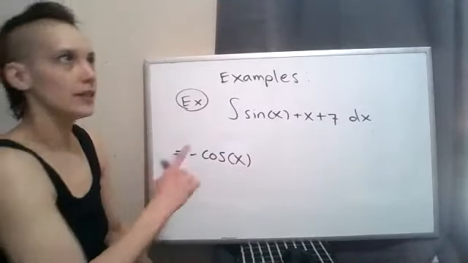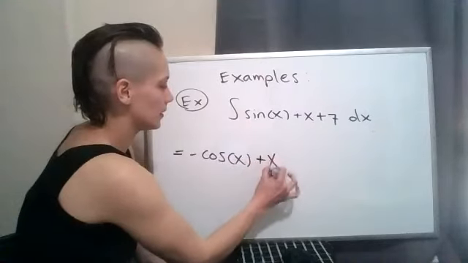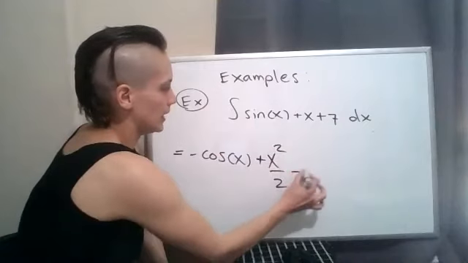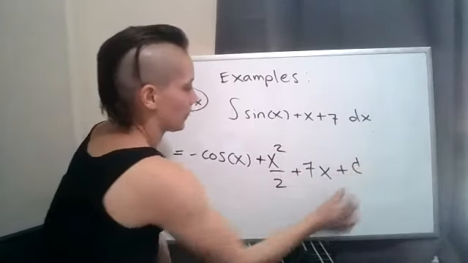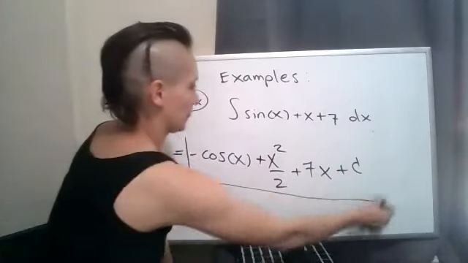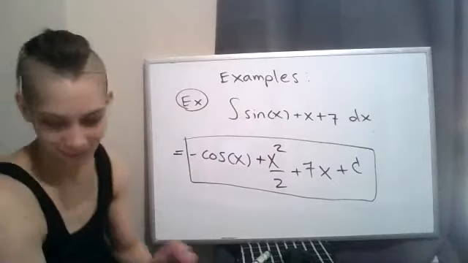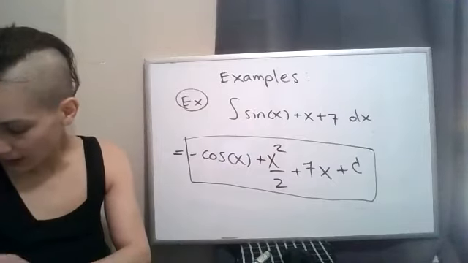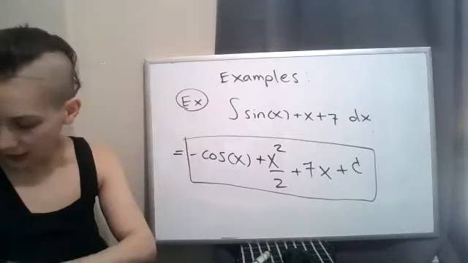X will be raised to a power of 2 and then divided by 2. And 7 multiplied by x and add c. Okay, we did something like that.